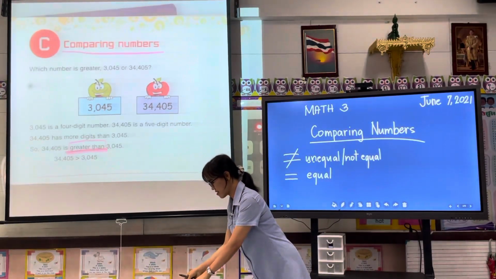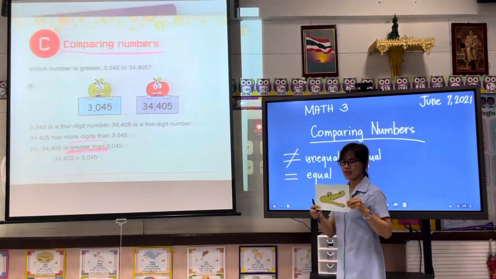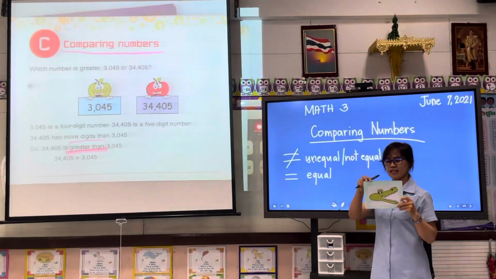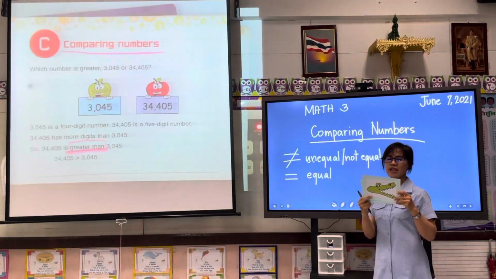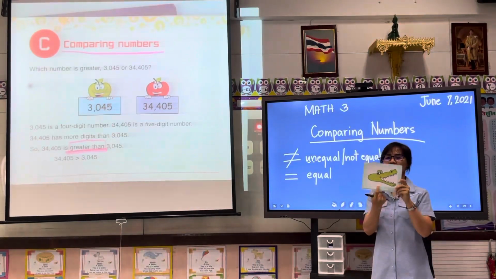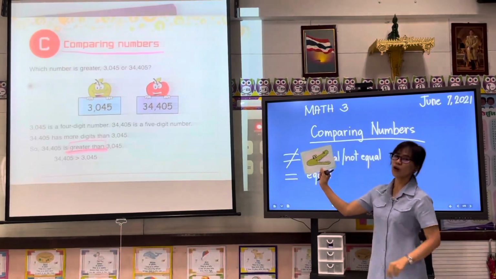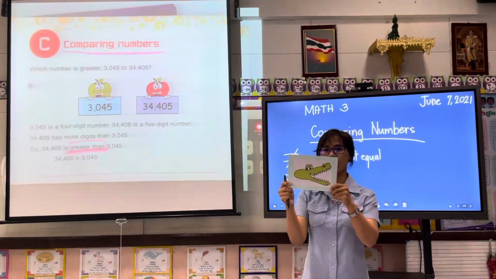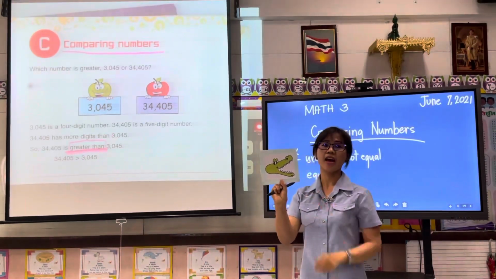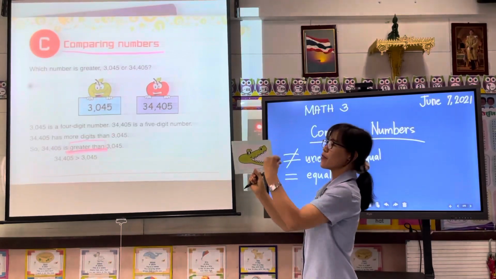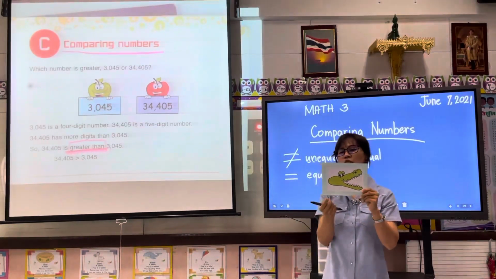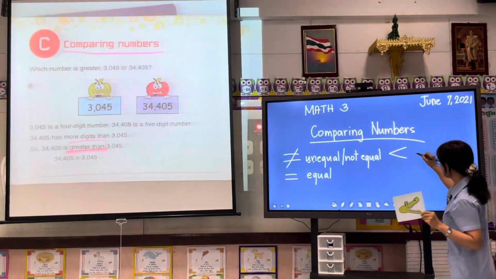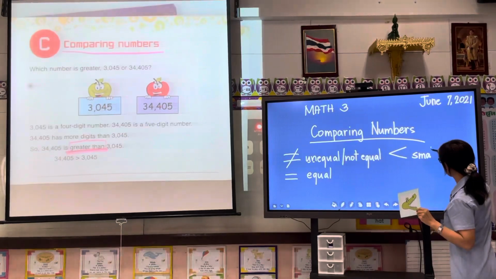And this sign, what does it mean? This is Ellie, but two Ellie here. So this sign means is smaller than. Okay? You can see? Is smaller than. Alright? So your left hand means is smaller than.